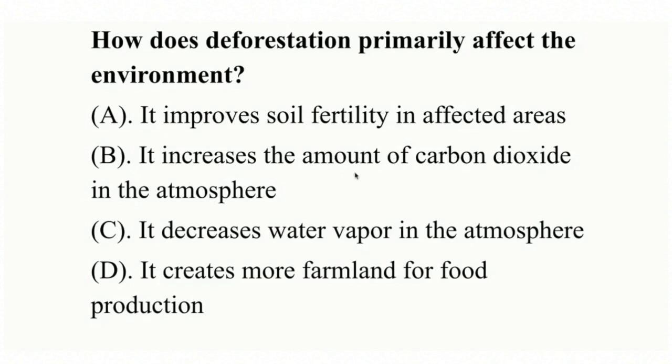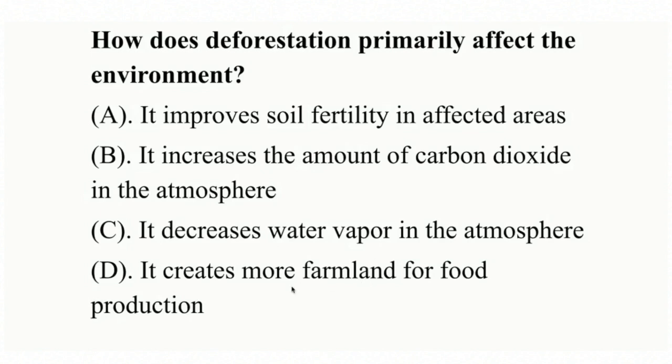B, it increases the amount of carbon dioxide in the atmosphere, and that is the correct answer. It does increase that carbon dioxide. C, it decreases water vapor in the atmosphere. Again, when you take that water vapor out, you're going to have a problem with not enough humidity, not enough ability for it to rain, and then becoming a drought.